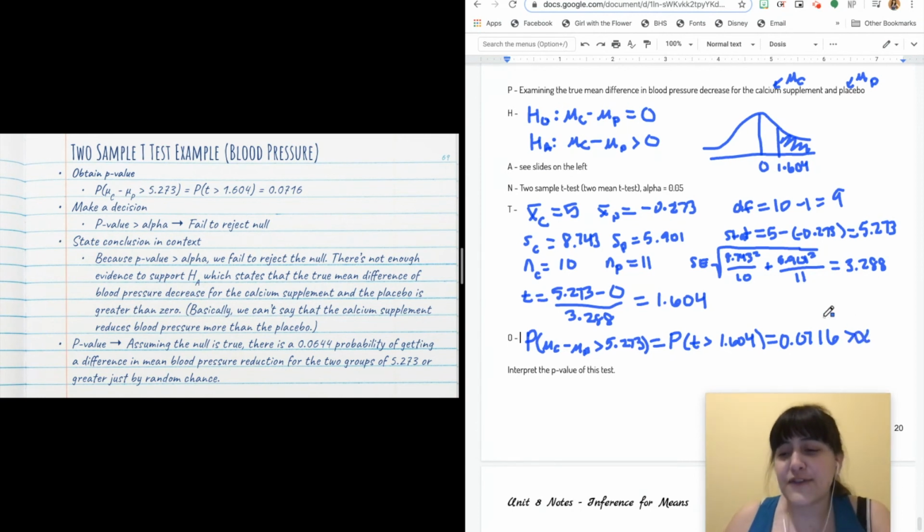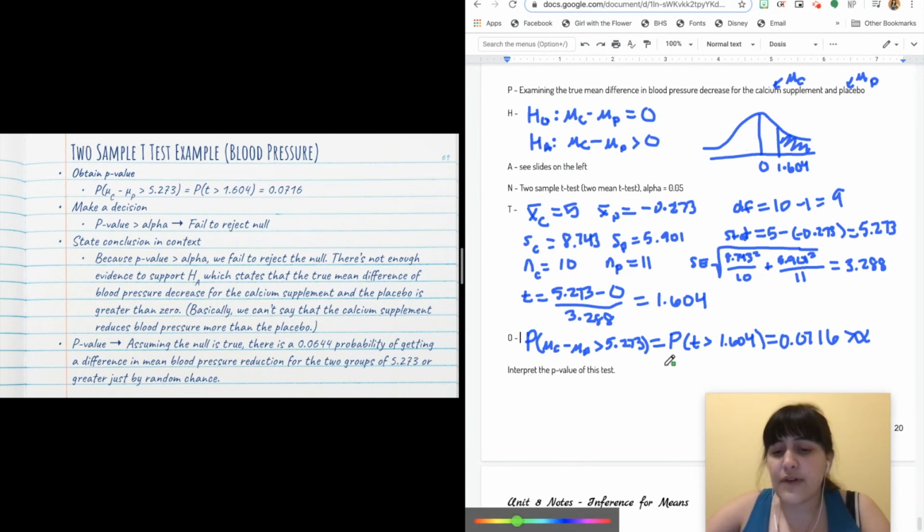I have run out of space on my screen, so I'm not going to write the rest of this out, but I do have the other 2 steps for you on this side of the screen, on the left. So let's go through those. Because my p-value is greater than alpha, right? What that means is that up here in my shading, my alpha value maybe was right here, for example.